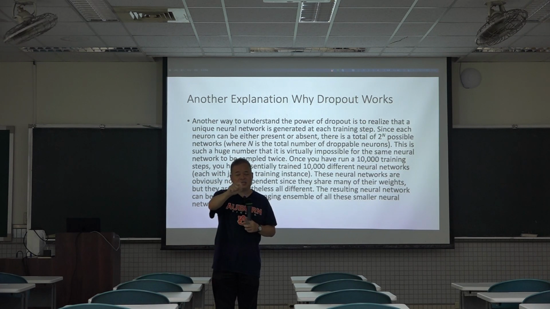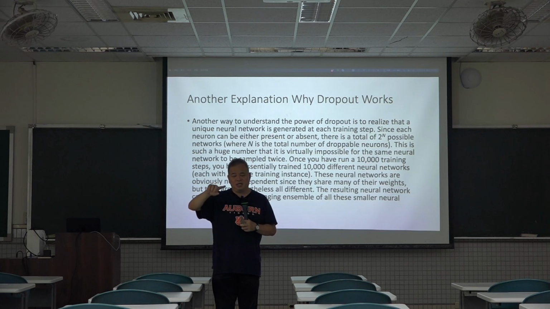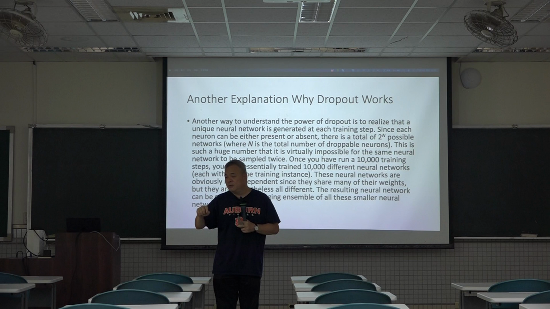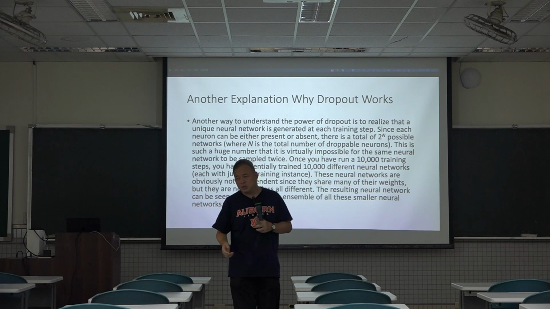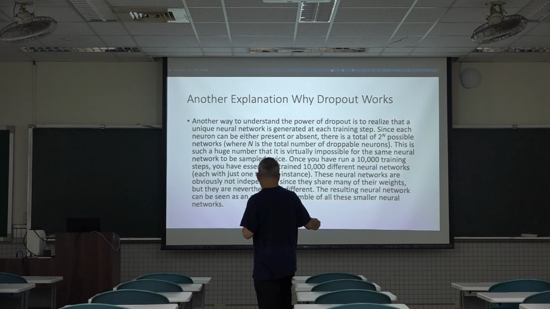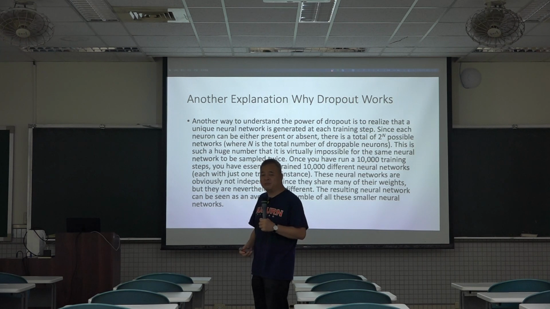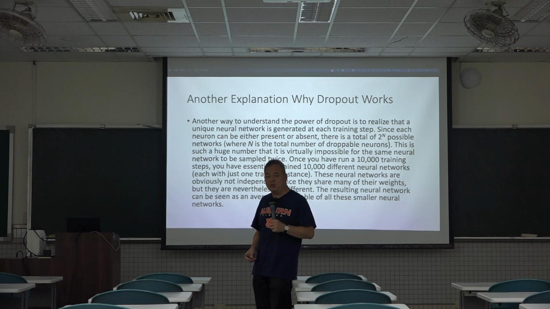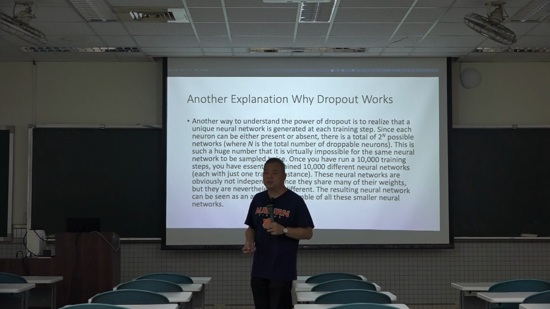Because each neuron either participates or does not participate in this training. So there are in total 2 to the power of n different neural networks you could possibly have when you use dropout for every layer.